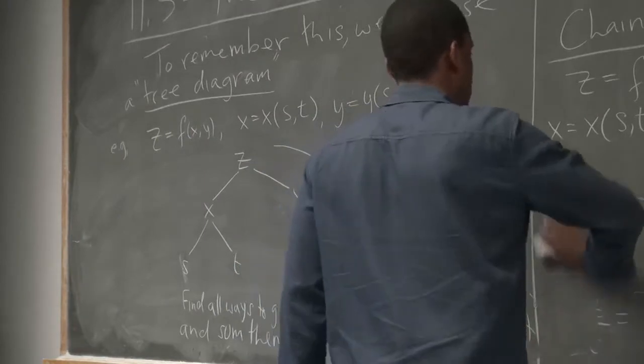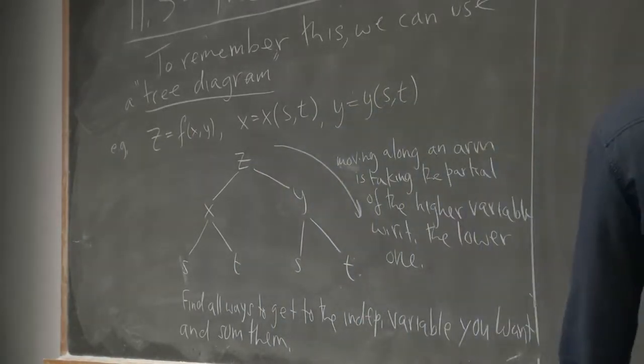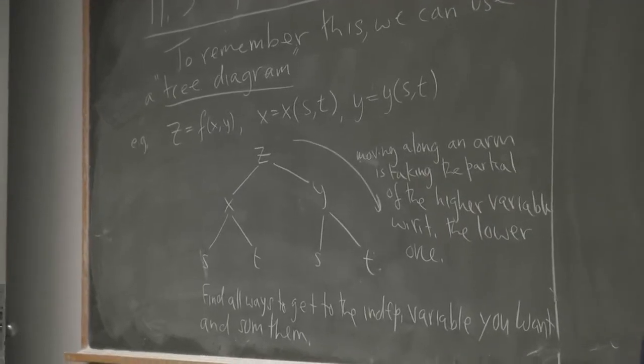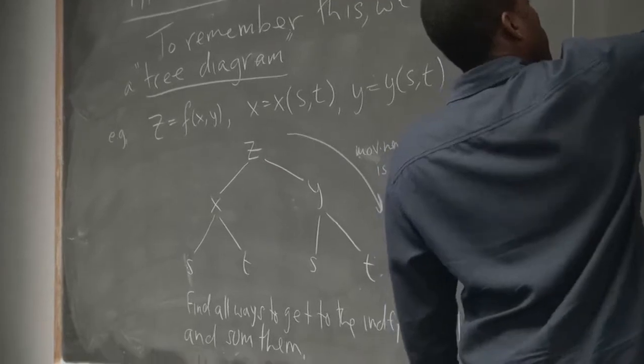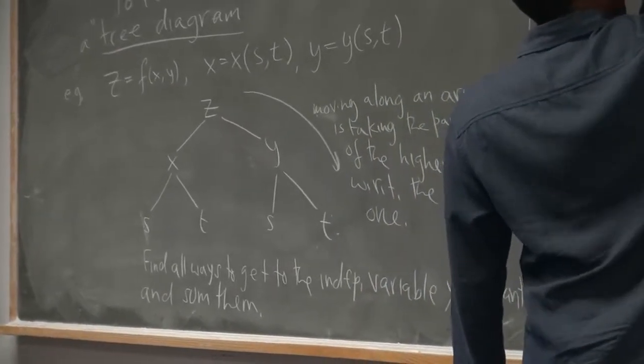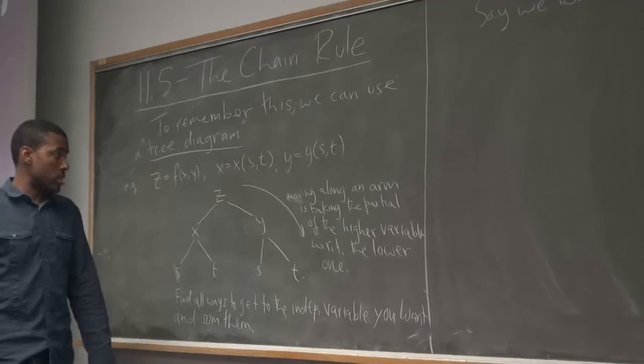Well, say you want partial of z with respect to s. You're going to figure out all the ways it can get to s at the bottom floor by starting at z at the top.